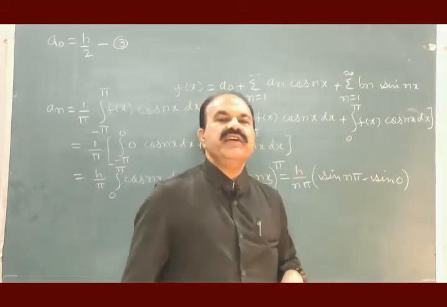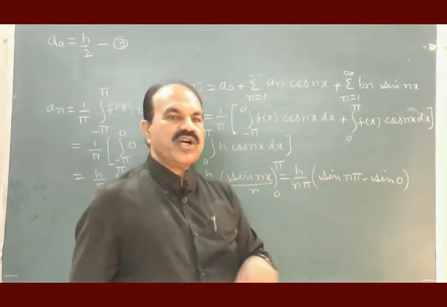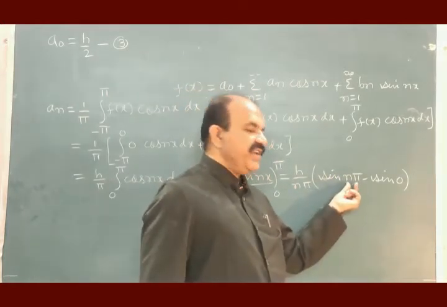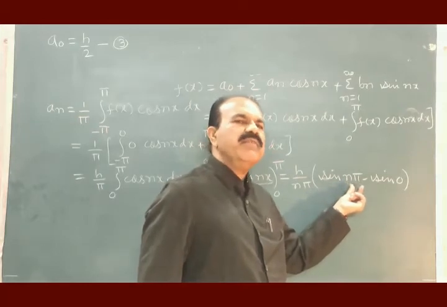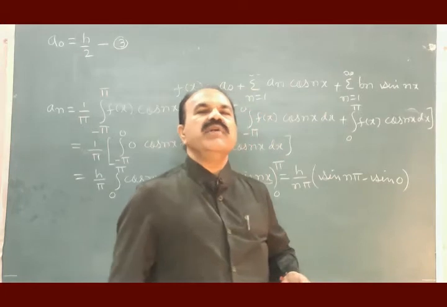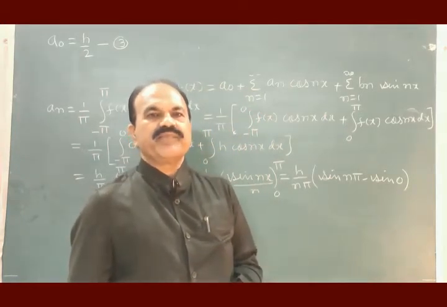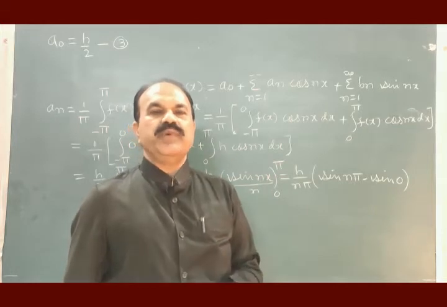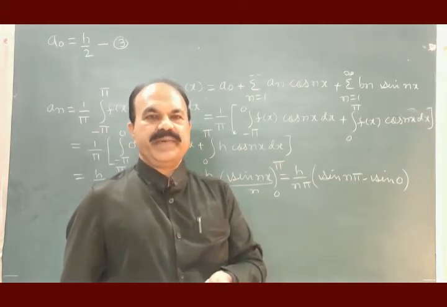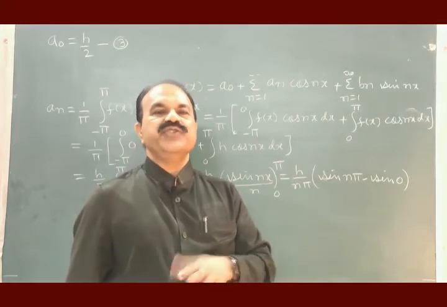If n is even, this angle will be an even multiple of pi. When n is odd, this angle will be an odd multiple of pi. What is sin pi? 0. Sin 2 pi, 0. Sin 3 pi, 0. Sin 4 pi, 0. Sin 5 pi, 0.